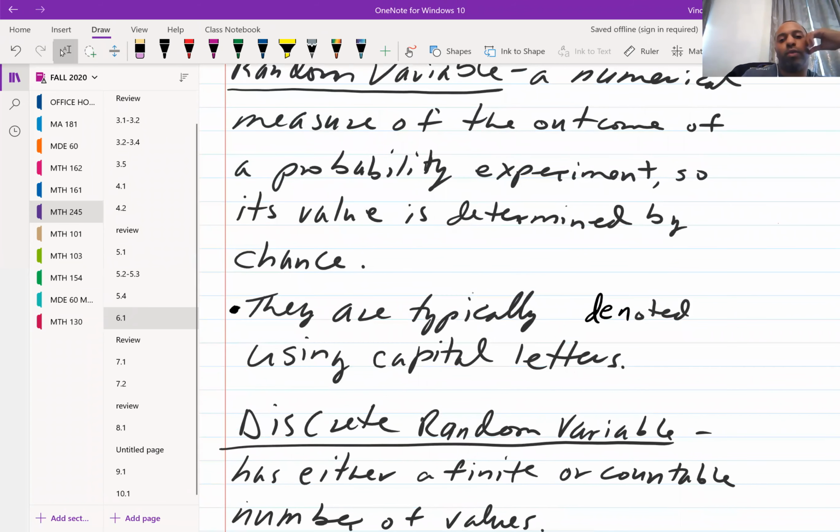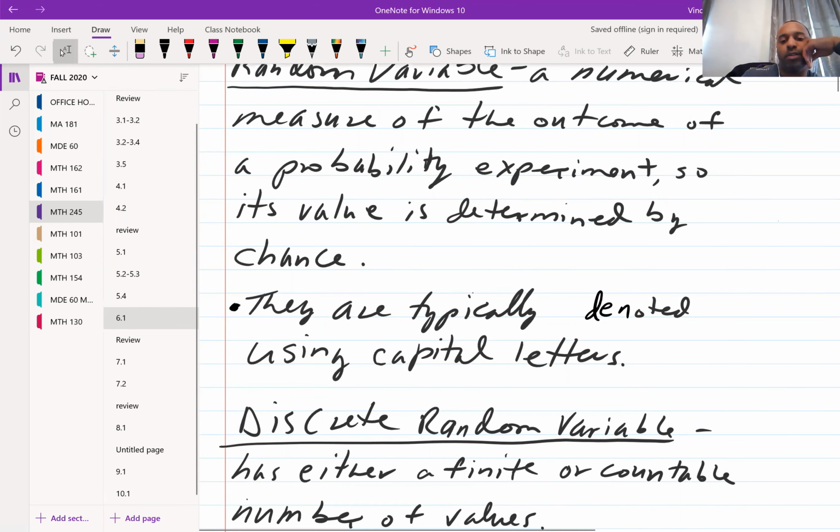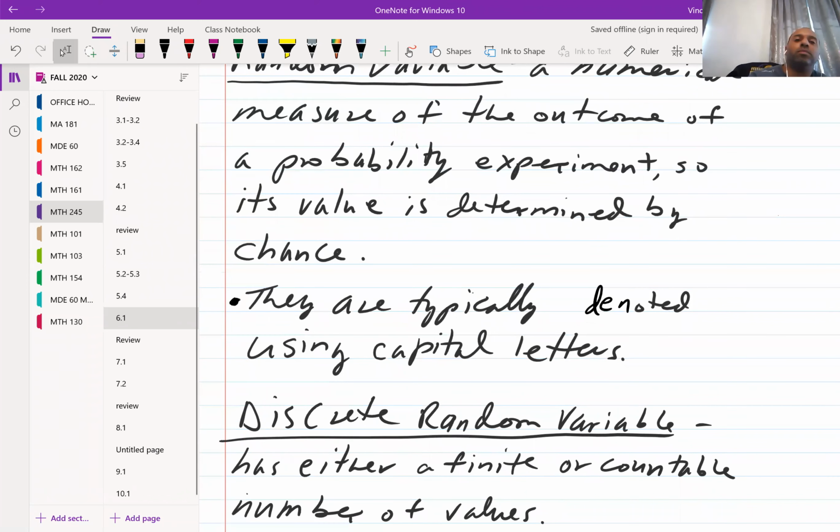All right, so a discrete random variable has either a finite or countable number of values. I'll give you a chance to write it down.